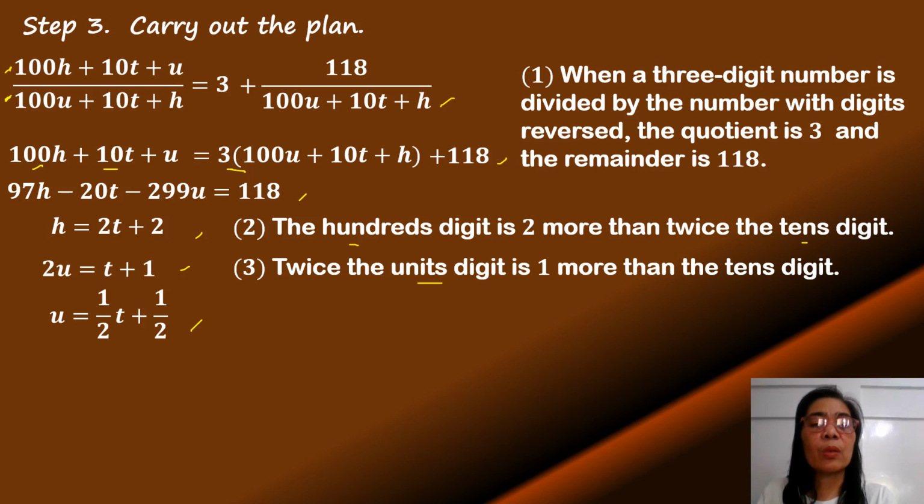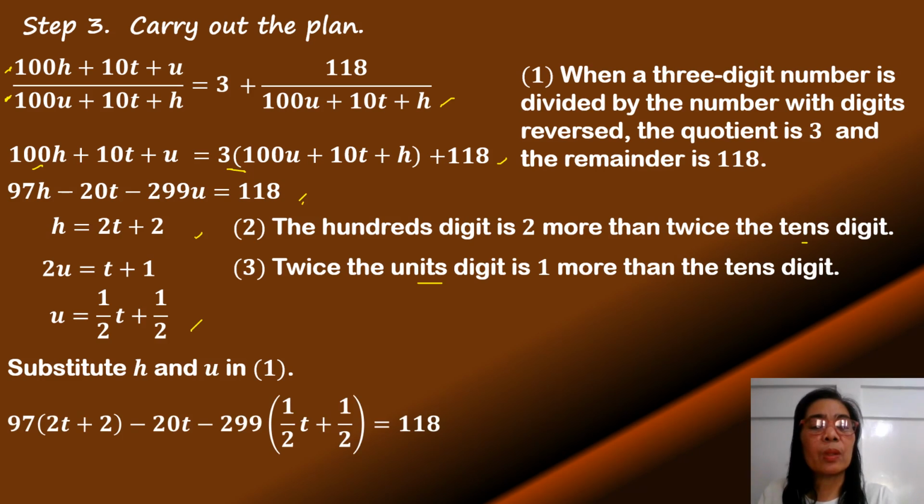So we are now ready to solve the system of equations in 3 unknowns. So we substitute the values of h and u into equation 1. So that will give us now 97 times h. The value of h is 2t plus 2, minus 20 times t, minus 299 times u, whose value is 1 half t plus 1 half.